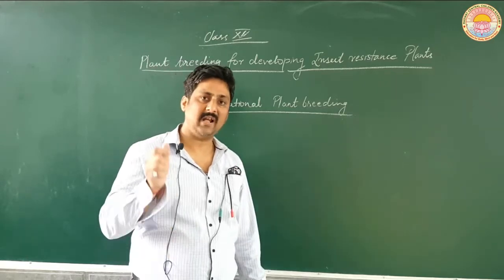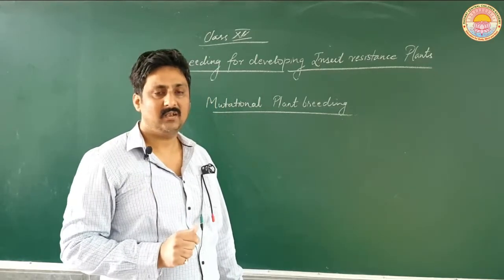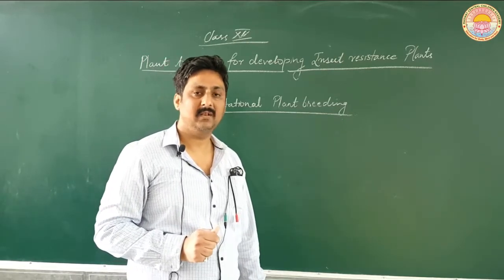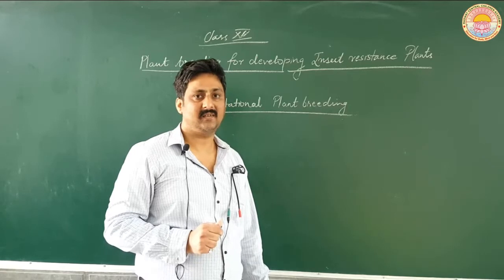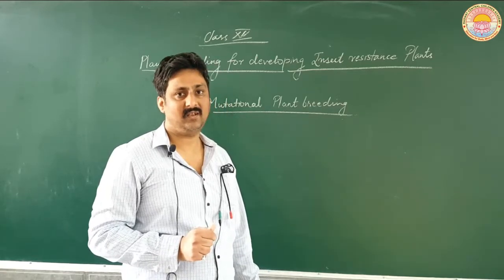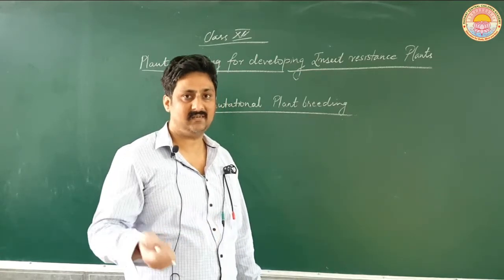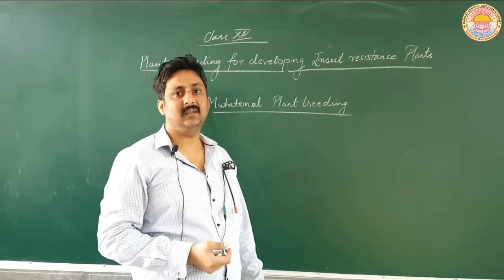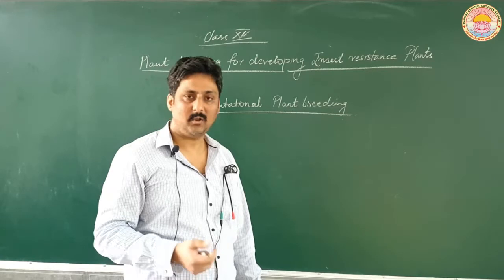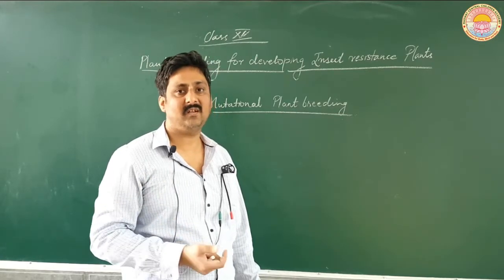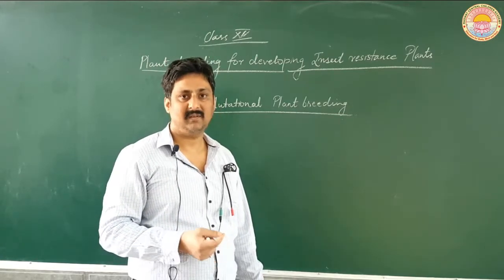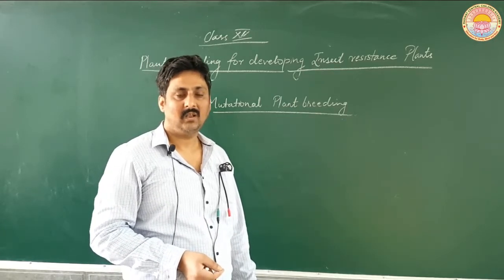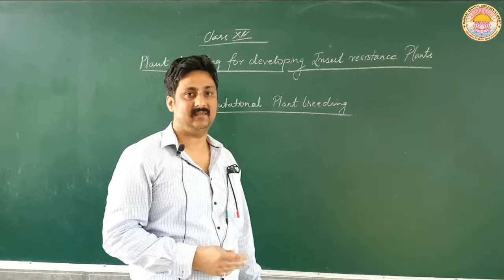You first try to change the genes of the plant with the help of physical methods such as irradiation of gamma rays, or you apply certain chemicals in order to change the bases present in the DNA, and then screen these plants.